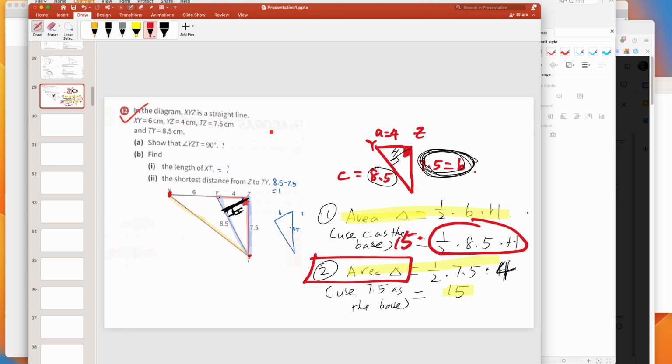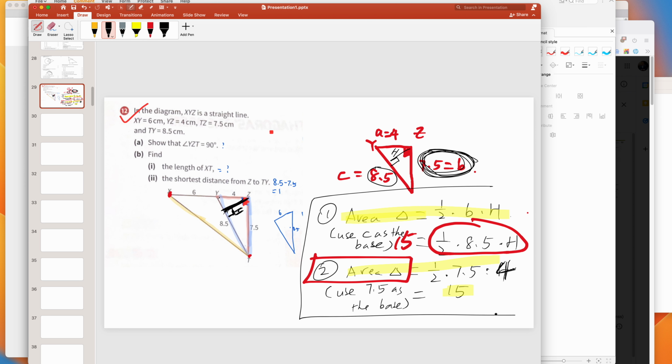So similarly, what's the value of h now? 3 whole 9 over 70. Very good.